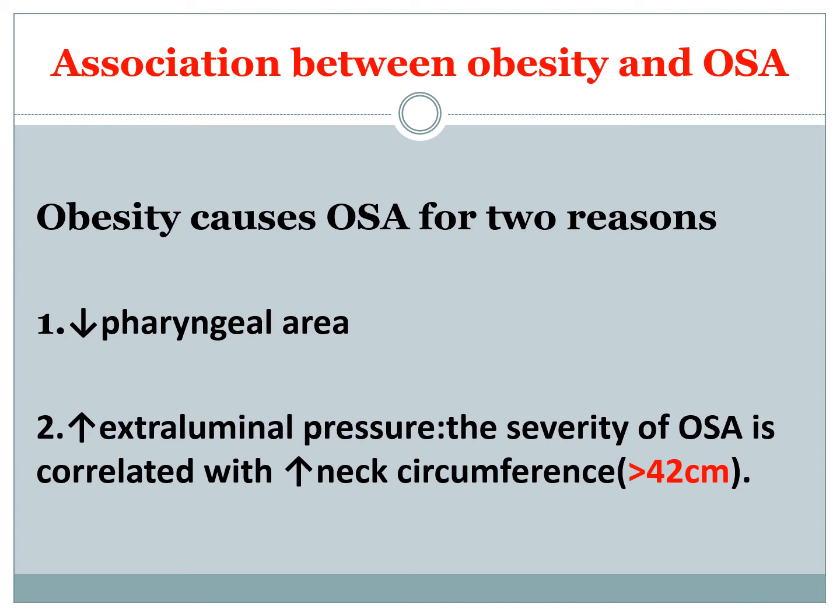It increases extraluminal pressure. So, the airway is compressed internally and externally, and the severity of obstructive sleep apnea is correlated with increased neck circumference rather than total body obesity. A neck circumference of more than 42 centimeters is considered a risk for development of obstructive sleep apnea.